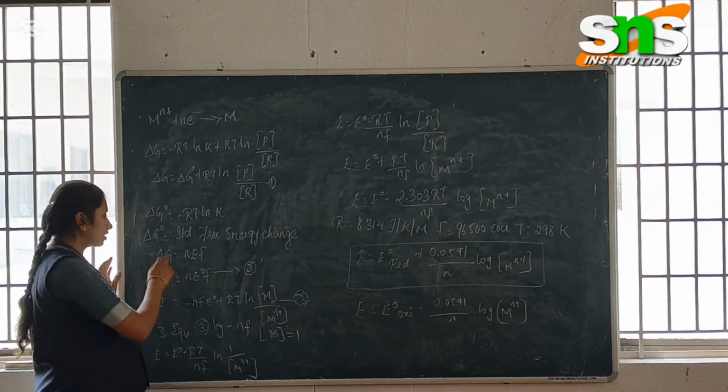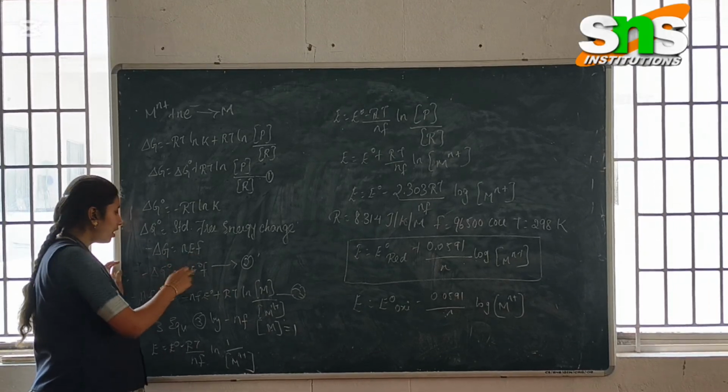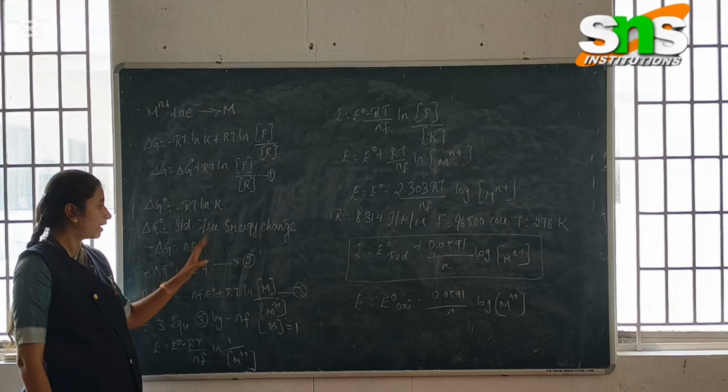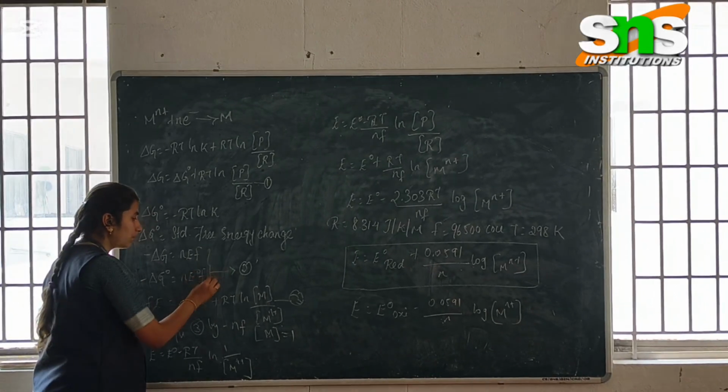So we can substitute the reactions by minus del G equals nEF, or minus del G naught equals nE naught F. Combining these two, we call it equation number 2.